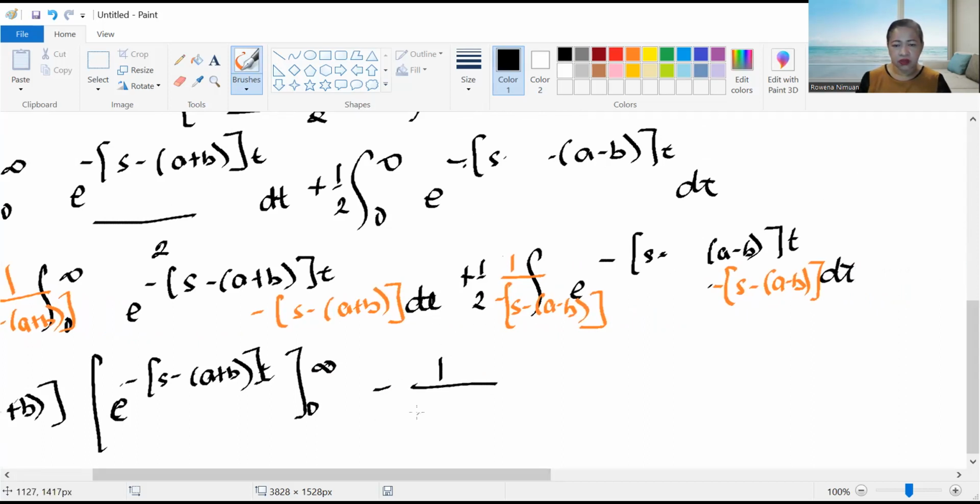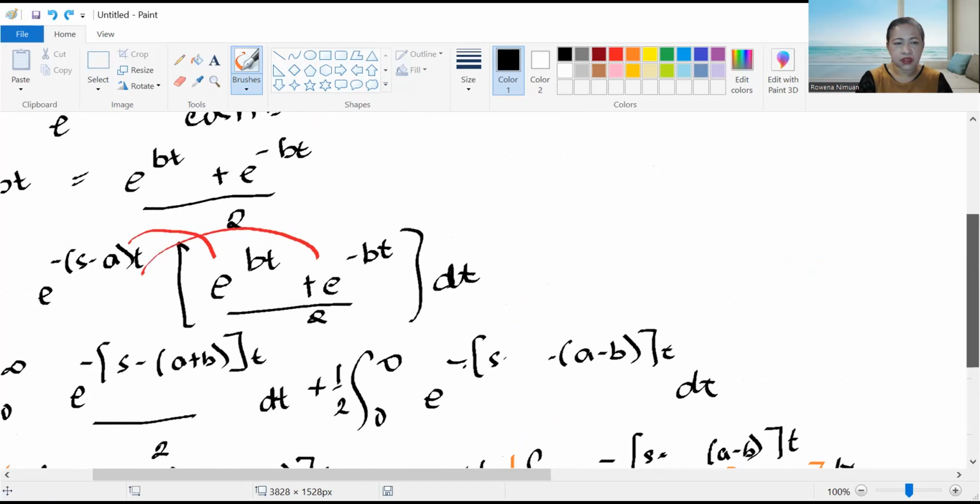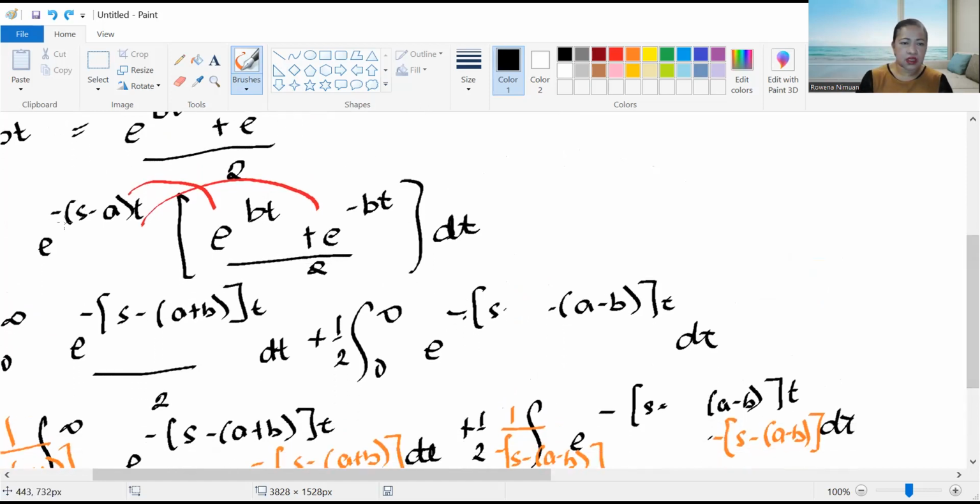Minus 1/2 times the second term, s minus a minus b.